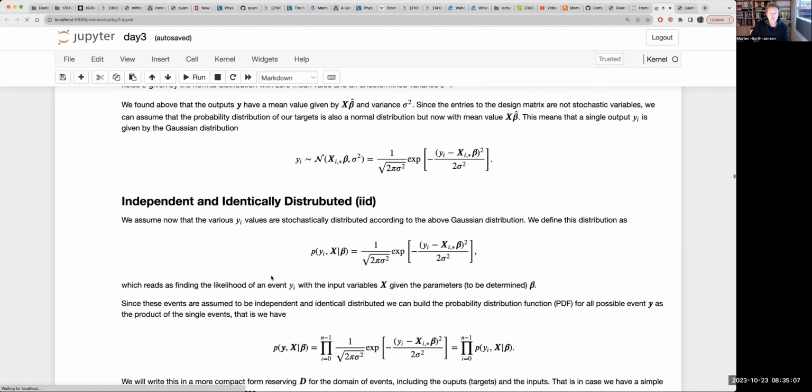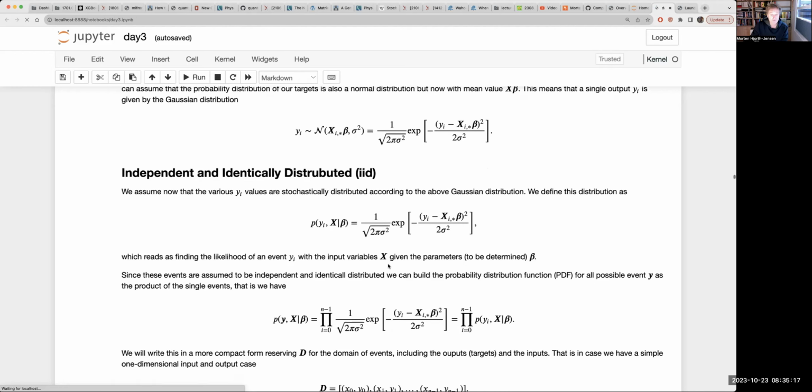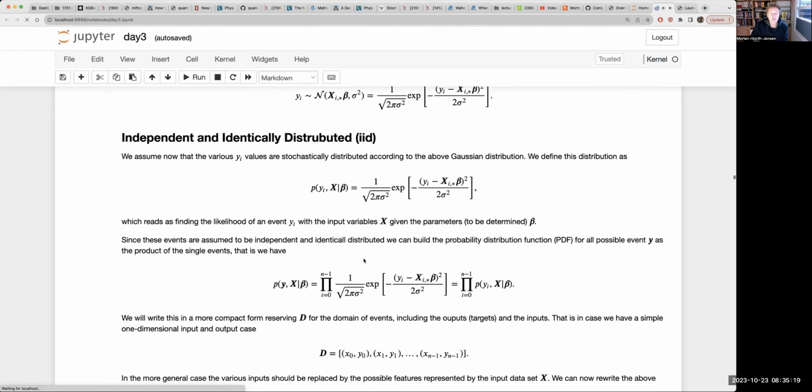And then what we did last time was to simply rewrite this probability like this. So it's normalized with 2 pi sigma squared. And we assume that these events are independent and identically distributed. And you will see this acronym IID.